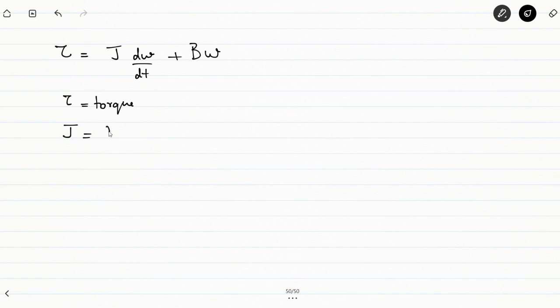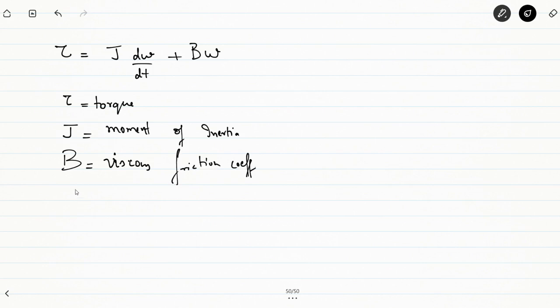J is the moment of inertia, B is the viscous friction coefficient, and omega is the angular speed of rotation of the rotor.